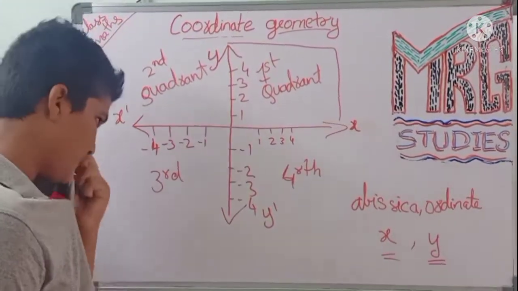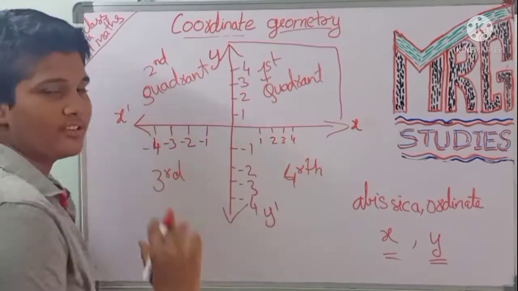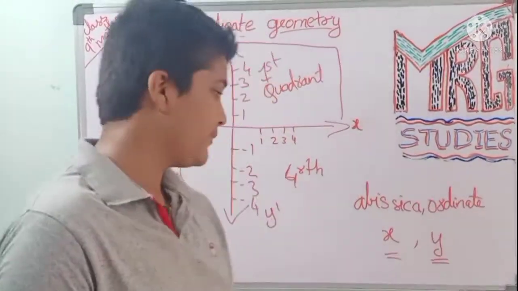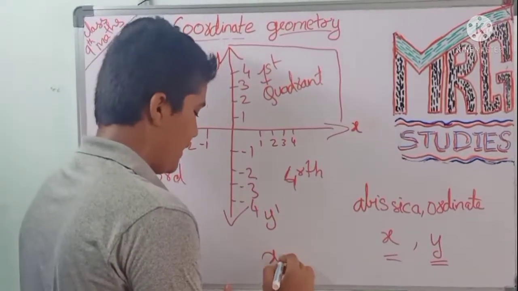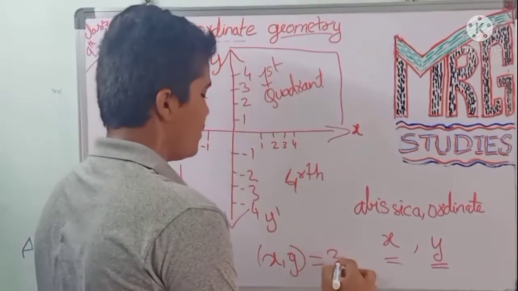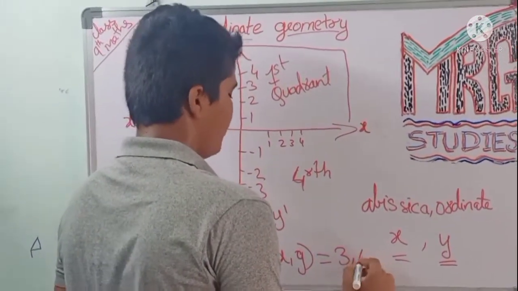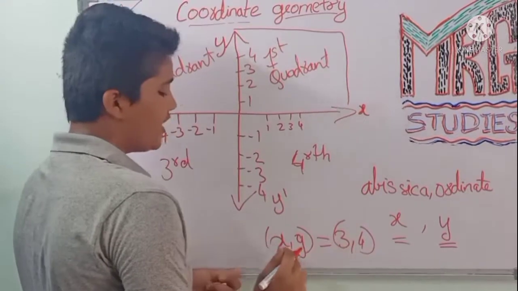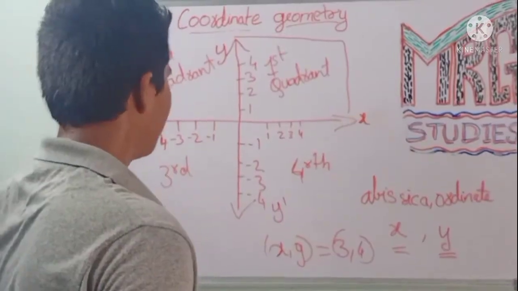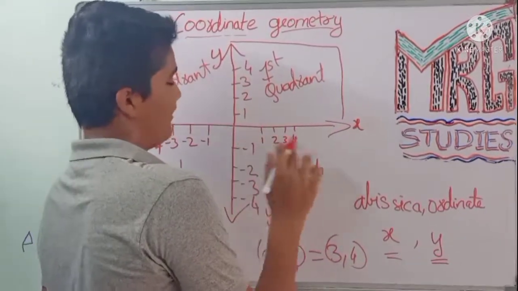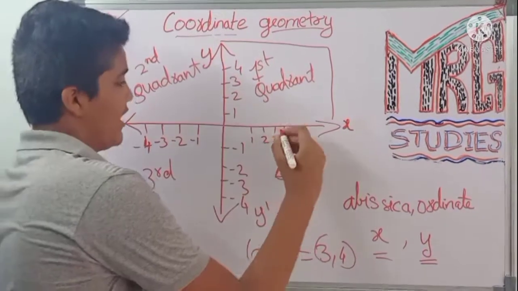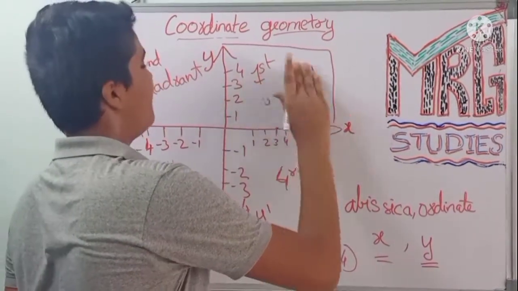Now these are all points we have in the graph. Now if you have a sum, find the point x comma y equals 3 comma 4. So 3 is in the x place and 4 is in the y place. What we should do is, here in the x-axis where we have plus 3, not minus 3, only plus 3.